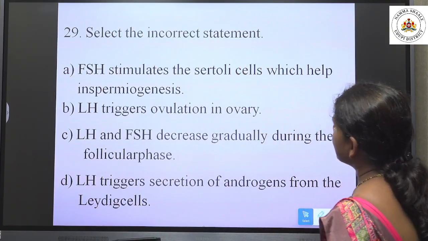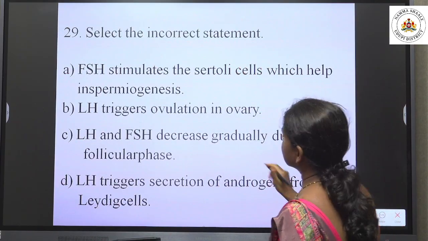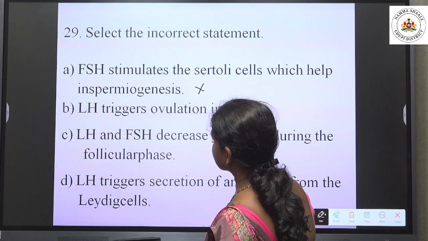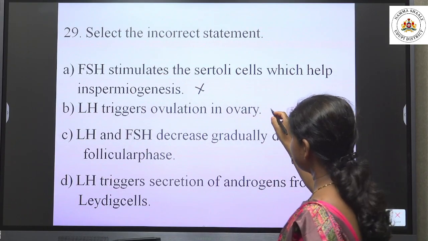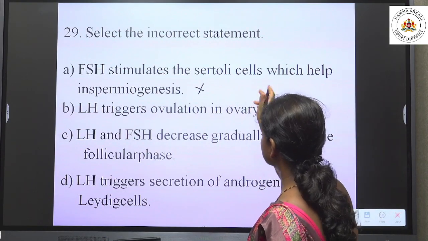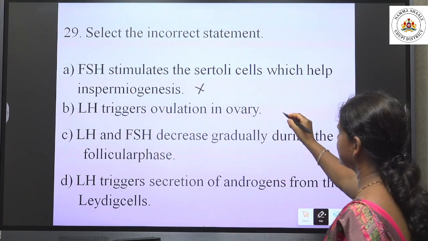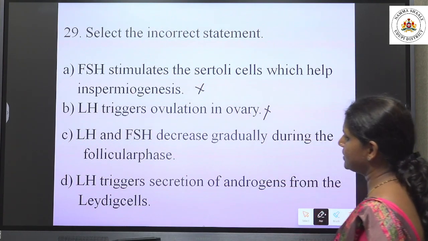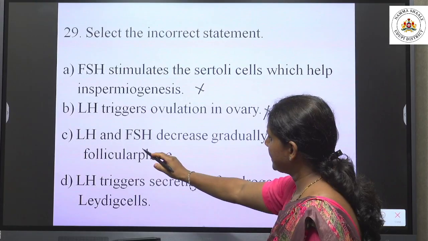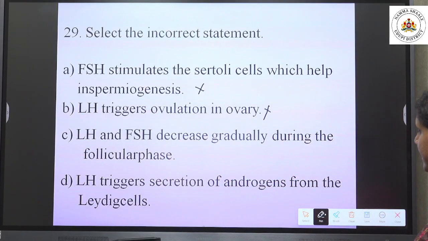So the first option is correct, and since we need the incorrect one, this is not the answer. The third one, LH and FSH decrease gradually during the follicular phase, it is actually increases.